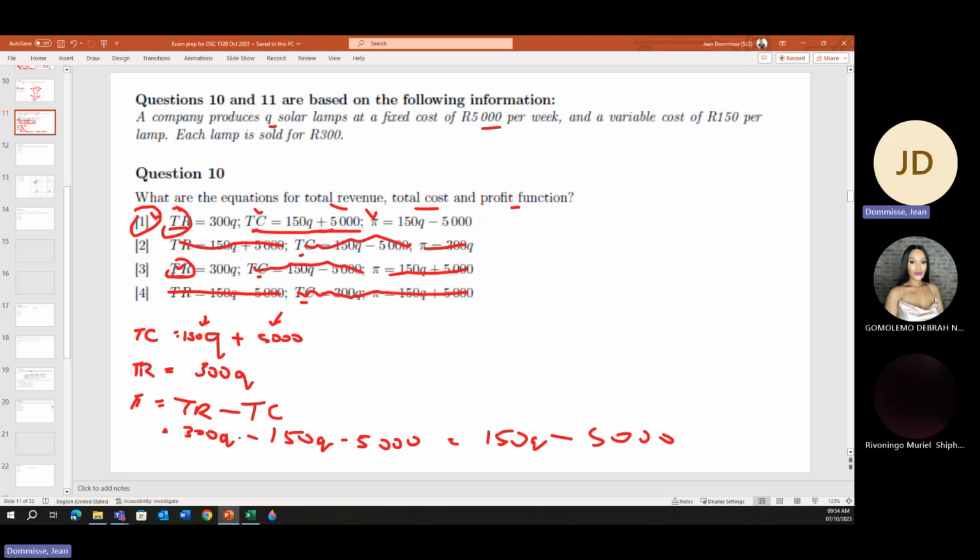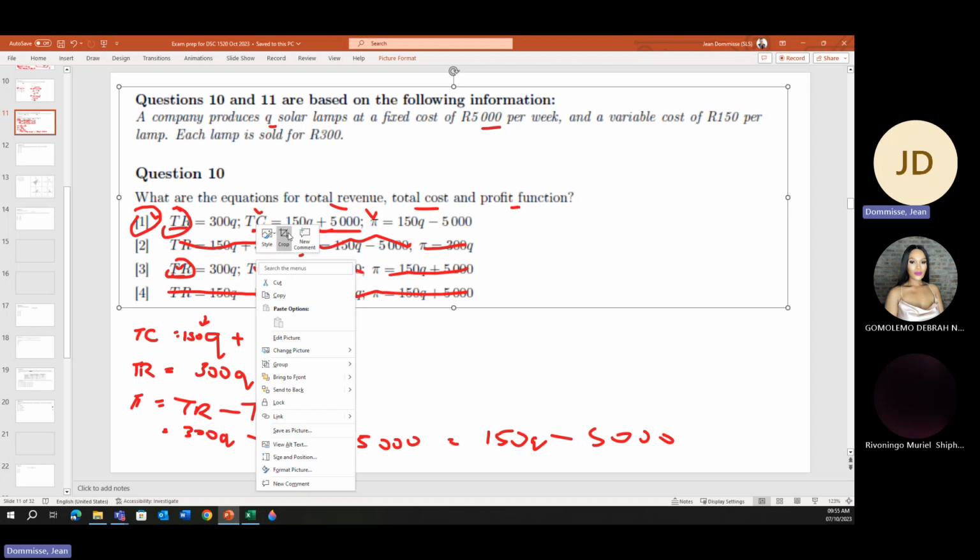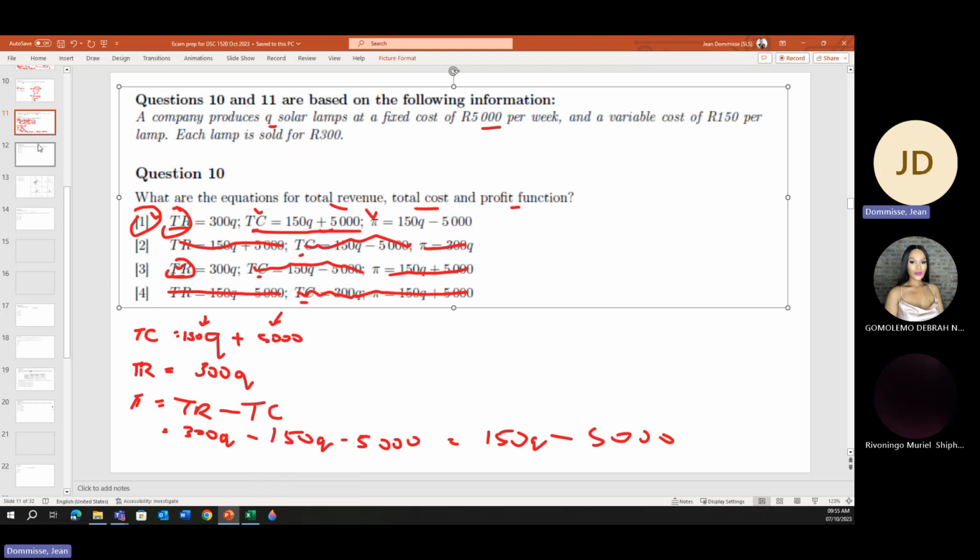Okay, so let's quickly then go to the next one. So they said questions 10 and 11 are linked. So we nearly need to remember that total revenue, total cost, and profit function. So let's just copy it.